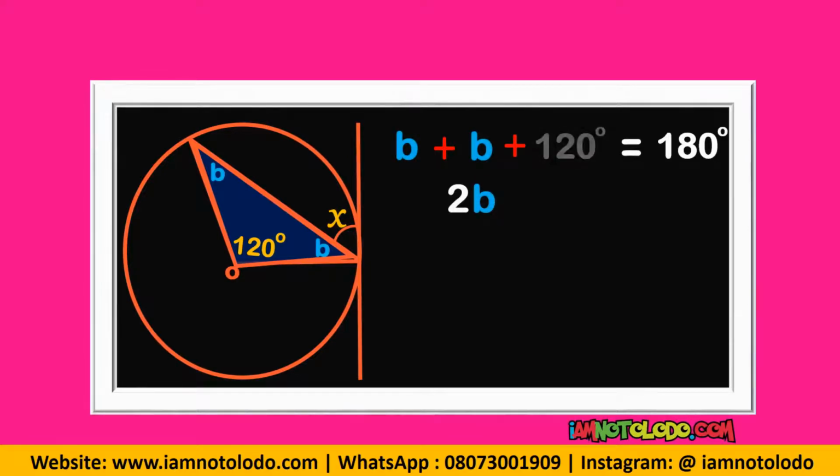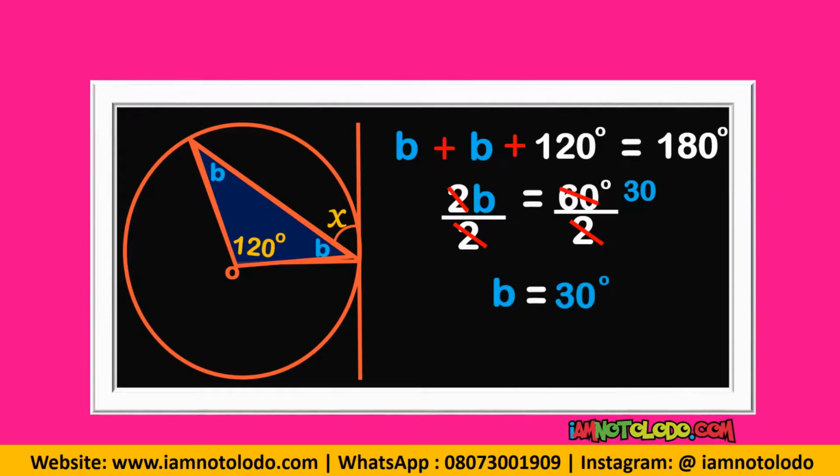We need to move this to the other side. So this equals 180 degrees minus 120 degrees. This minus this is 60 degrees. Divide both sides by 2. 2 cancels 2. 2 in 60 is 30. So b equals 30 degrees.